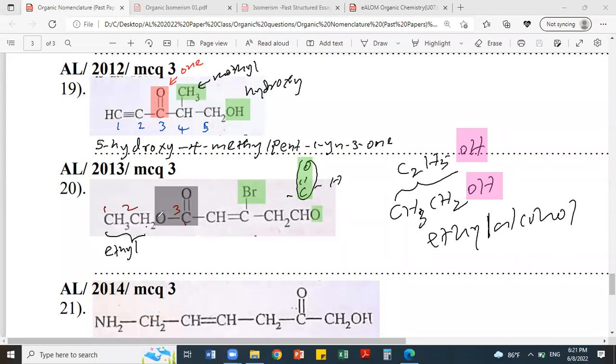Therefore oxygen comes and breaks this, so you can't start numbering from this side. The numbering should begin from the ester group. 1 2 3 4 5. 5 carbons in the longest chain, and on the 5th carbon the oxo, and on the 3rd carbon the bromo.